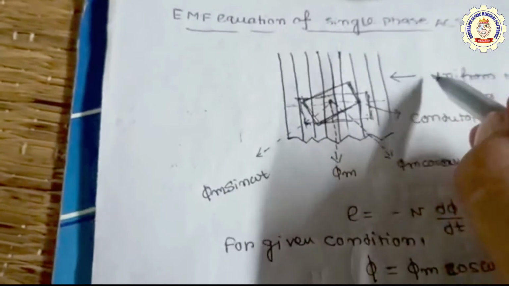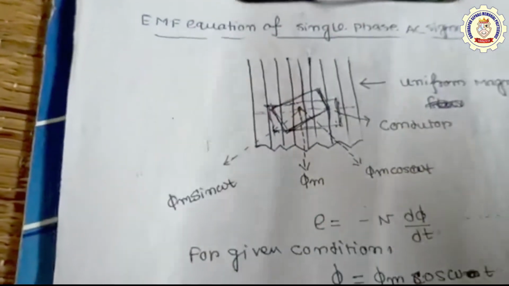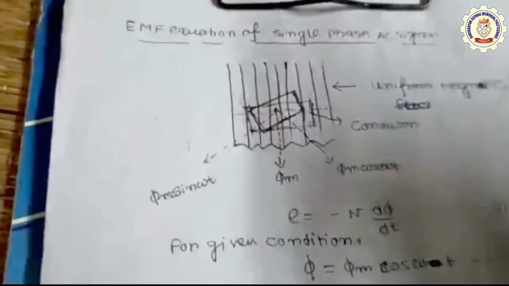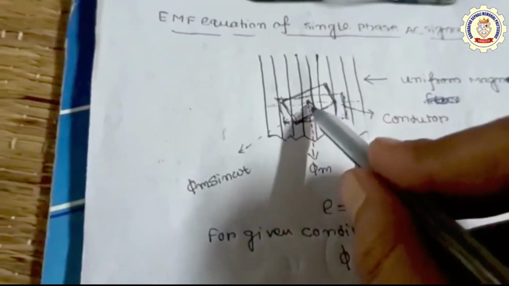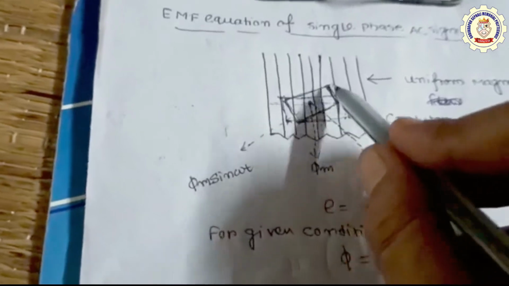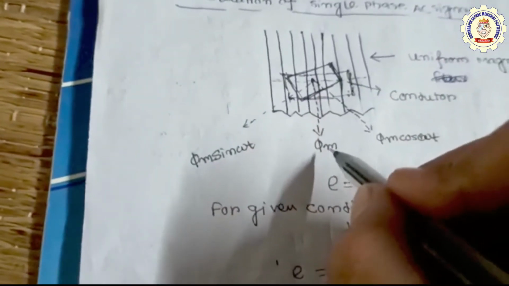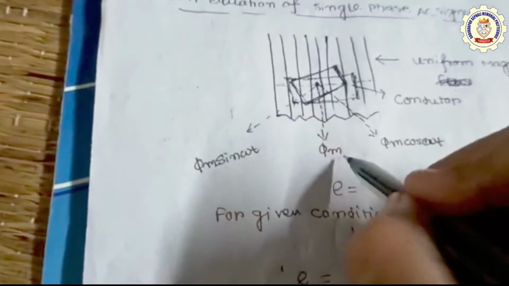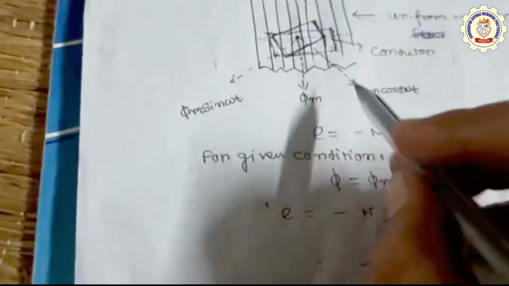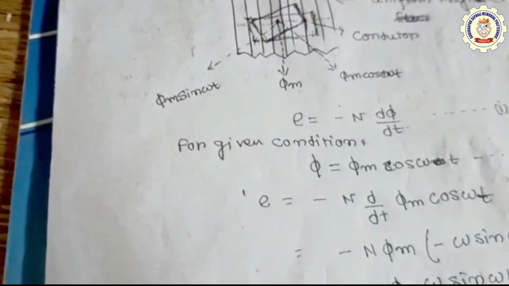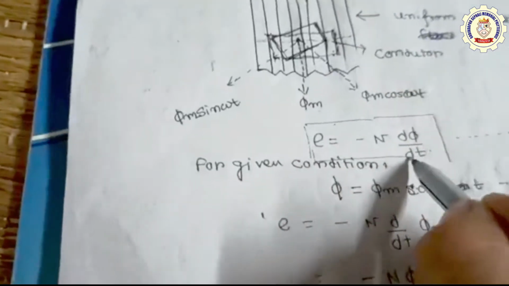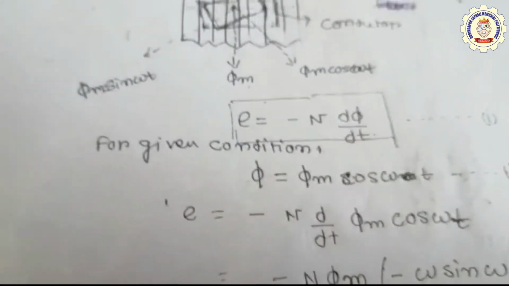Okay, this uniform magnetic field has flux density B, we assume. And this conductor has flux linkage phi m. Now in the case of generation we use a formula, that is Faraday's law, E equal to minus n d phi by dt.